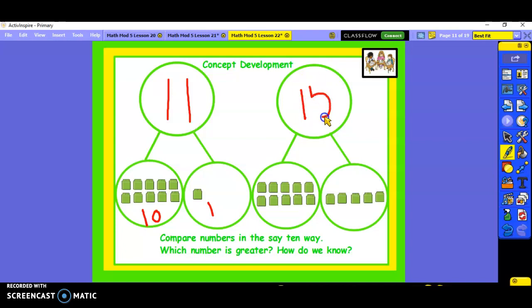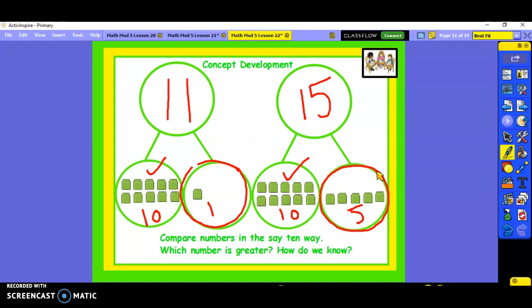I know that 10, 5 is 15. So now I'm ready to compare. They both have 10s. But, ooh, look at 11. 11 has 1 one, and 15 has 5 ones.